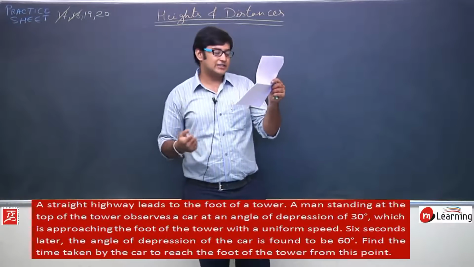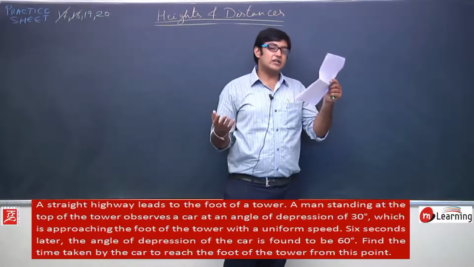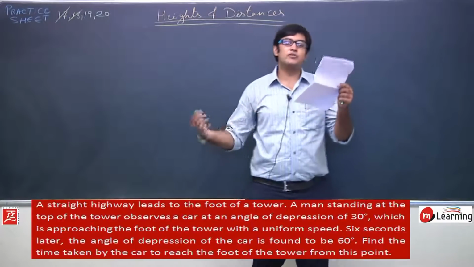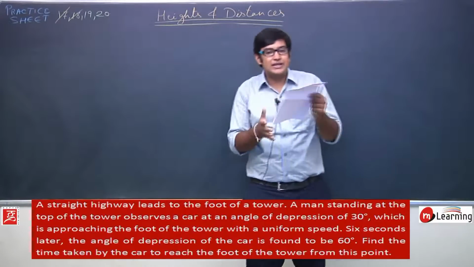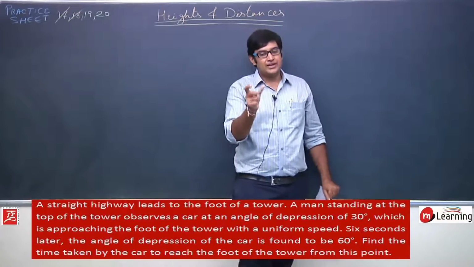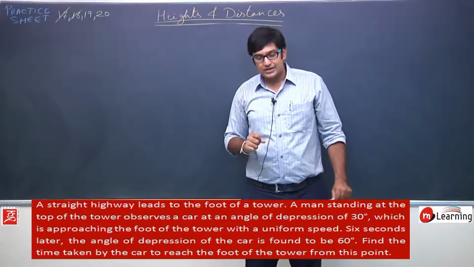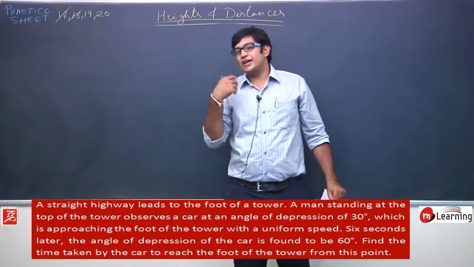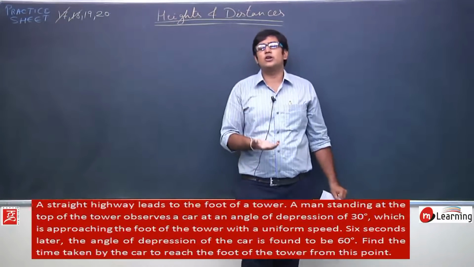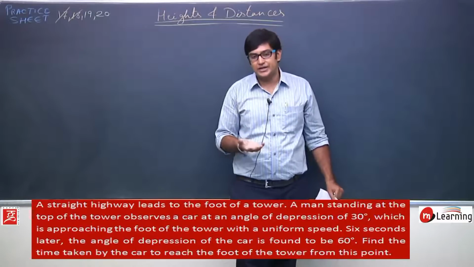So further what it says is, which is approaching the tower at the uniform speed. So the car is moving with a uniform speed. The uniform speed term says that the car is moving at a constant speed. Generally you have seen that we do not drive our car at a constant speed.